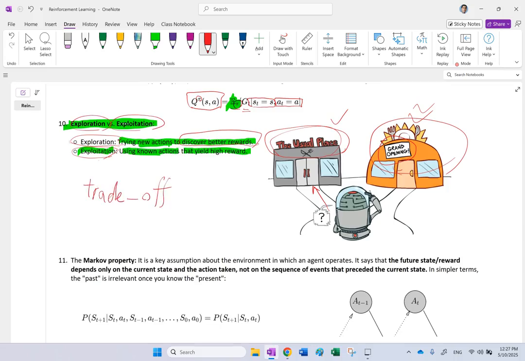Because if you always exploit, you might not achieve the optimum function, right? It's like the optimization problem. So let's say your V function that you want to minimize or maximize is something like this, for instance.